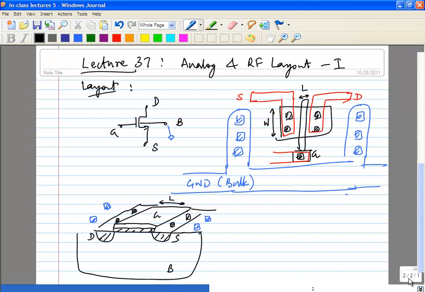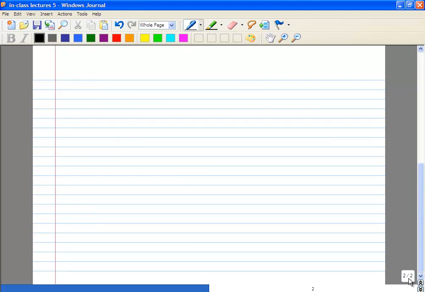So if you have, for example, interviews with companies, you can either expect direct questions on how you would lay out certain things, or once you join the company, they'll probably expect you to know layout. Okay, enough to at least direct a layout engineer. Okay, so the other reason, so obviously the responsibility is with the designer.